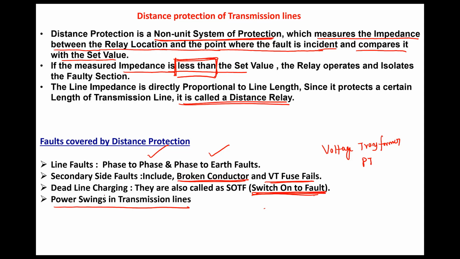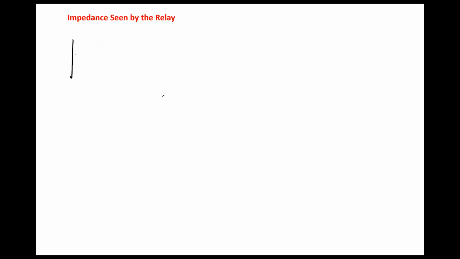Such power swings it will also detect. So the distance relay will detect phase-to-phase faults and phase-to-earth faults in the transmission line, broken conductor or PT fuse failure, dead line charging, that means closing and charging a transmission line which is already faulted, and power swings in the transmission line. One phase of the transmission line, because every phase will have one impedance relay.